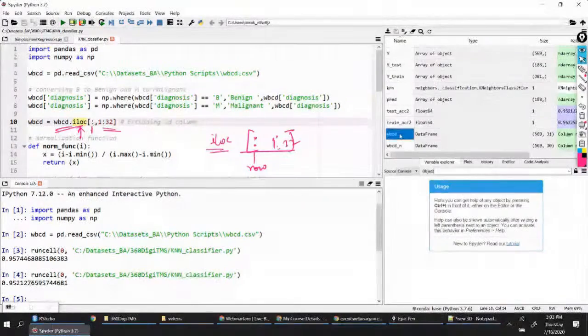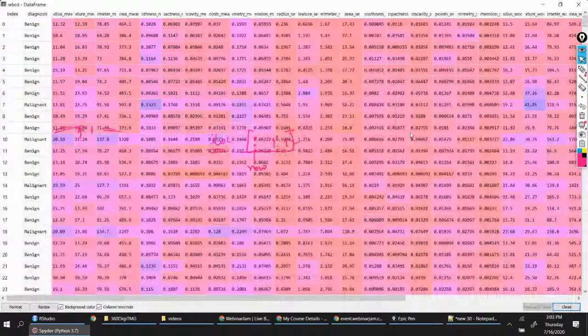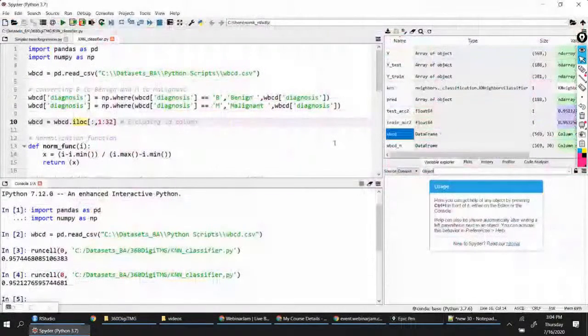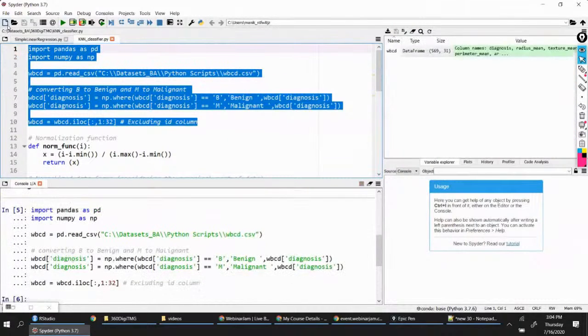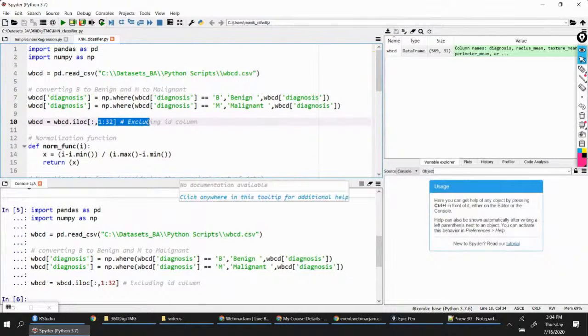You can see here, index is starting from 0. Got it? So we are importing the data and excluding the value which is non-numeric in our data set. Benign and malignant, that's not required, right? So we ignored it.